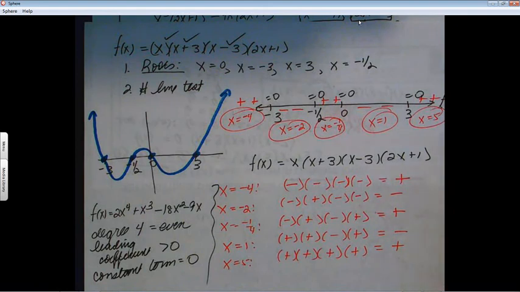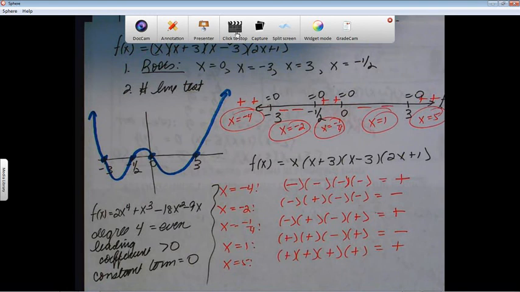The leading coefficient was greater than 0. It was +2, so both tails are pointing up. Check. The constant term, well, let's see. There was no constant term. The constant term is 0, so my y-intercept is actually here at the origin. Everything fits together. It has to. This is the beauty of mathematics.